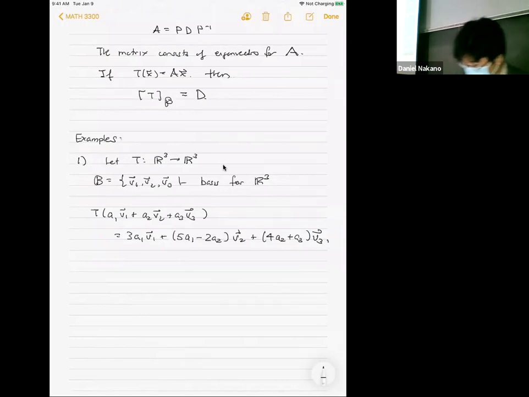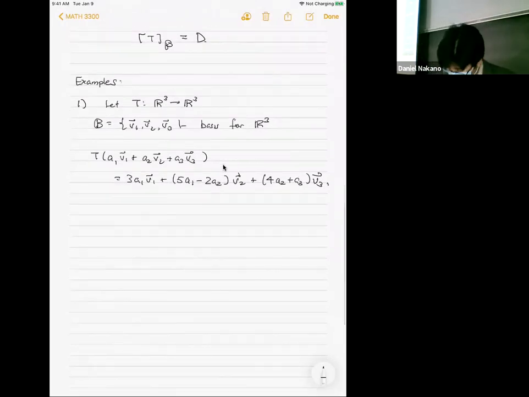Okay, so the problem is to find T with respect to this basis, this matrix. Let's review what T of beta was.